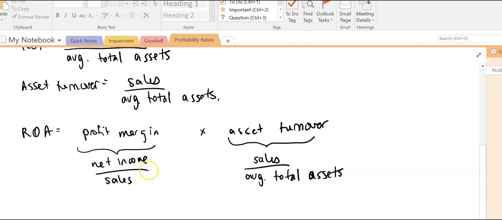So we're saying one component, how profitable were our sales dollars after accounting for all the costs incurred in running the business? And then how many times did we turn over our investment in assets? How efficient were our total assets in generating sales dollars?